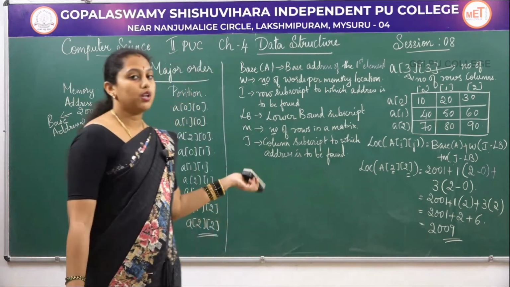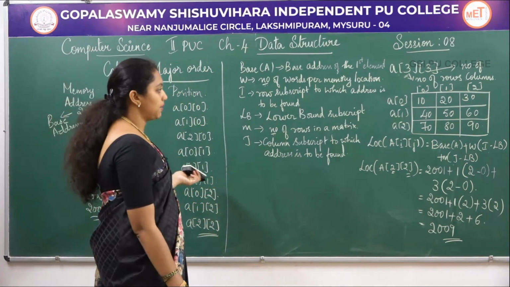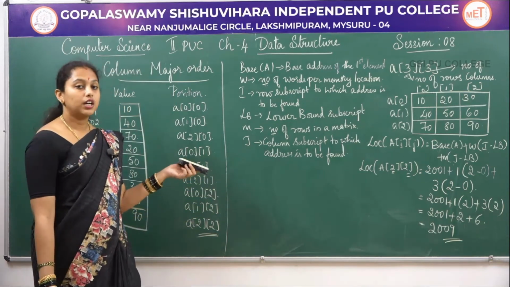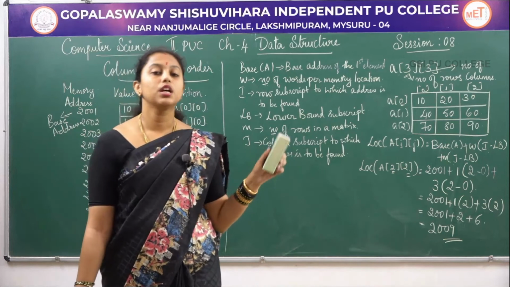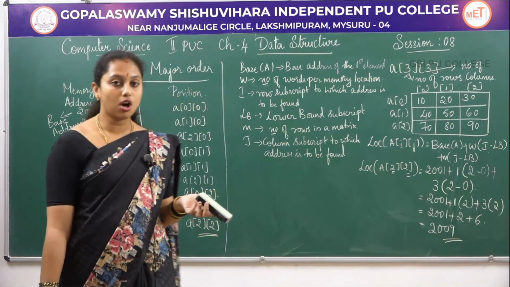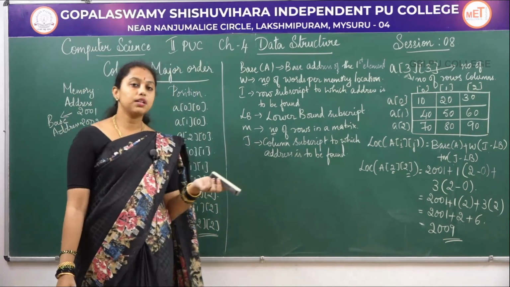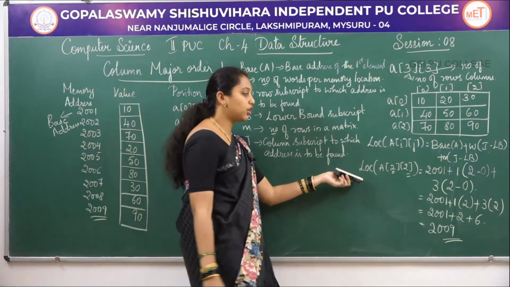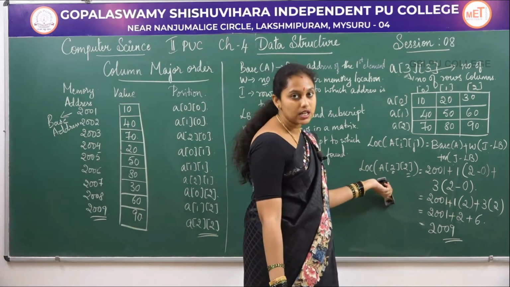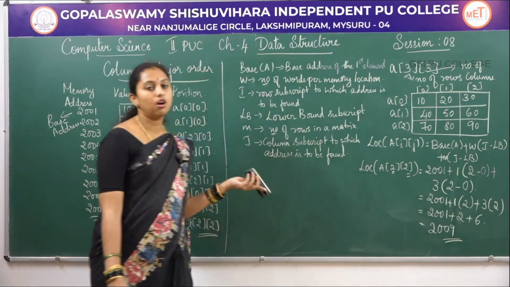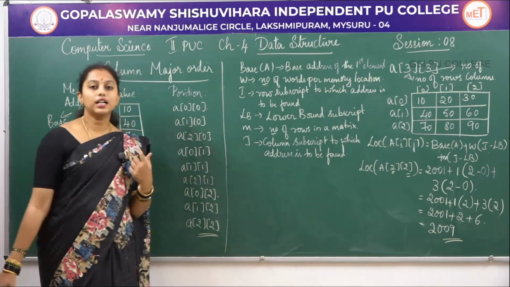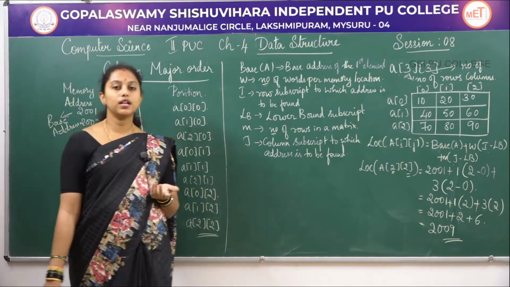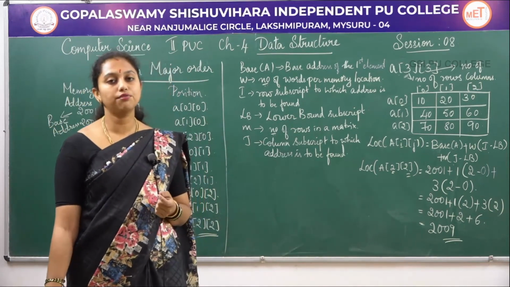You can expect questions like: give the memory representation of a 2-dimensional array for 3 marks. In that case you have to write both row major as well as column major order. Sometimes they will ask you to find the memory address of any element using the row major formula or column major formula. Next, let us see the advantages, disadvantages and applications of arrays.